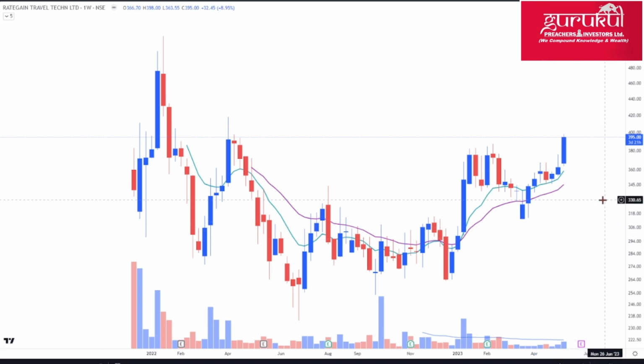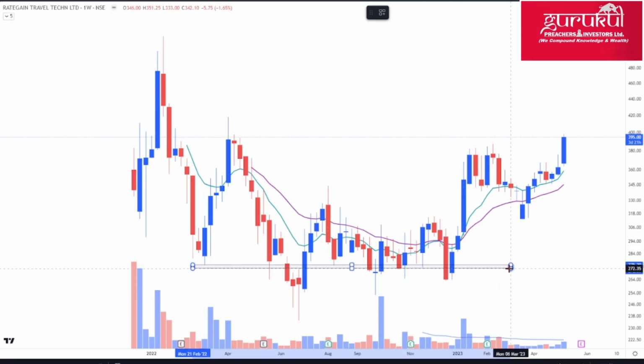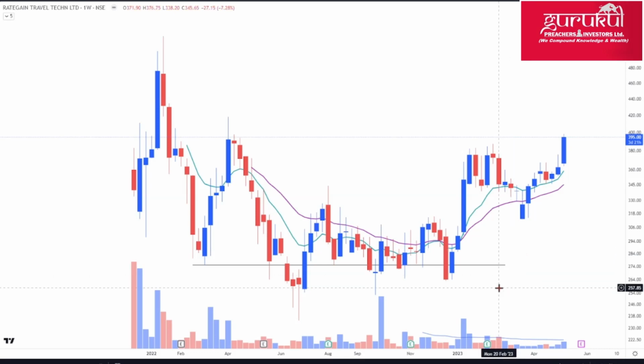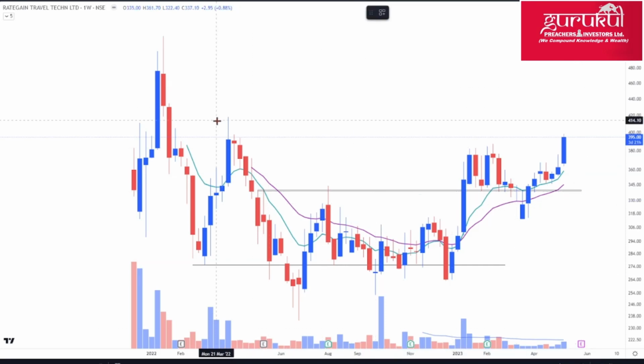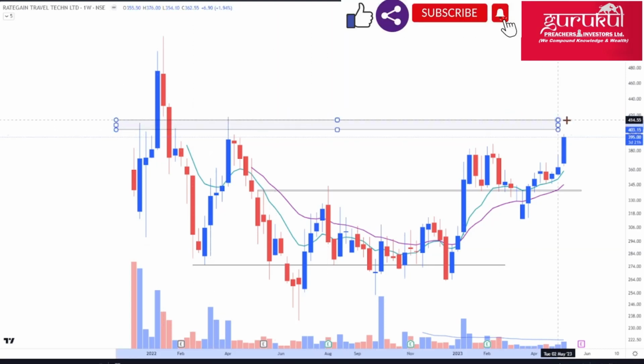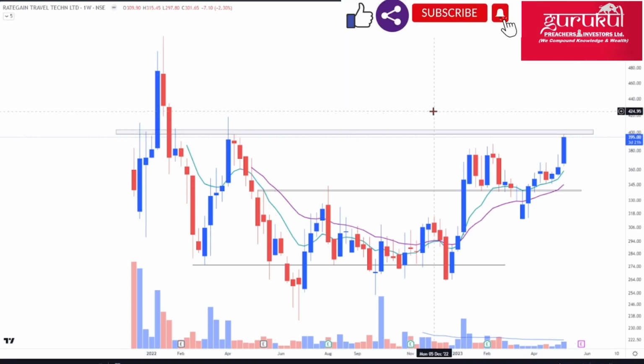So any of our charts, whenever you visit it, first draw the support and resistance line, right? So you see this is approximately the support line. This is a resistance line, and this is another resistance line, right?